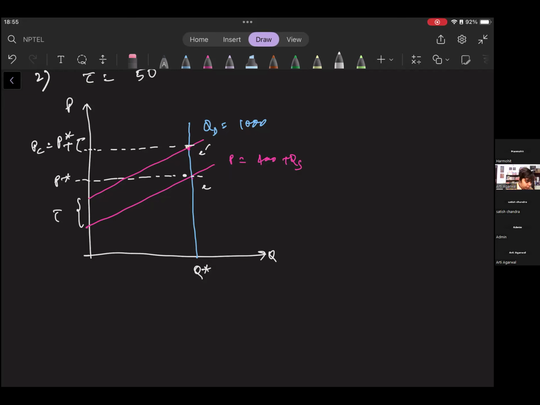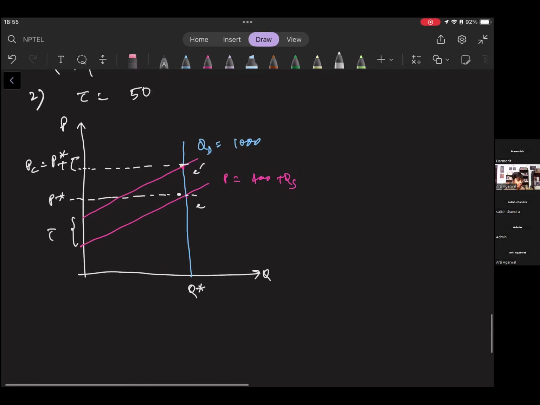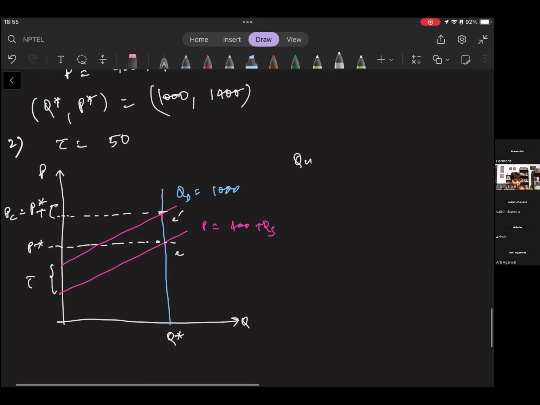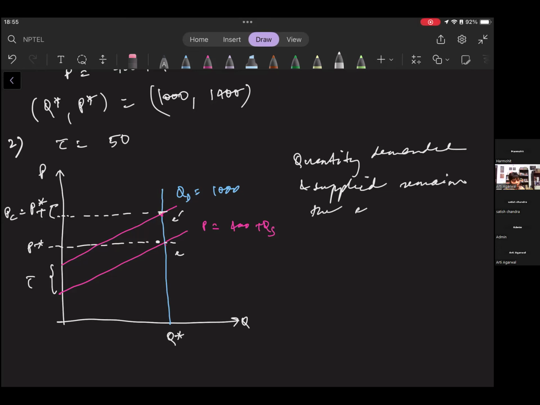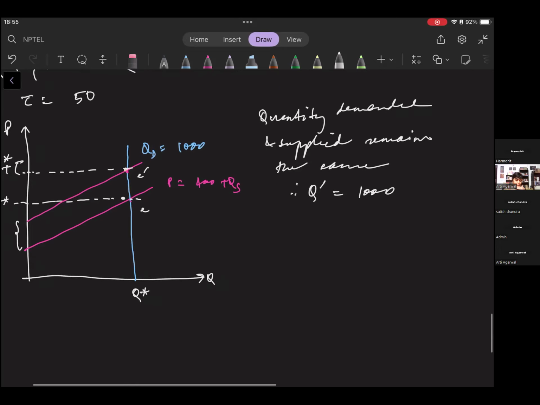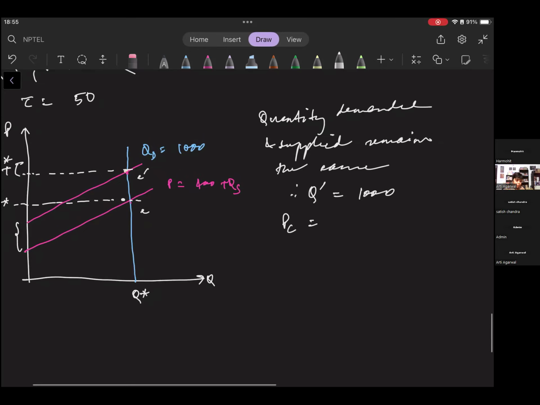So to calculate the new price, the quantity remains the same. Quantity demanded, and hence quantity supplied, remains the same. Therefore, Q prime is still 1000. What we'll calculate is PC, the price paid by the consumer, which is P star plus 50.